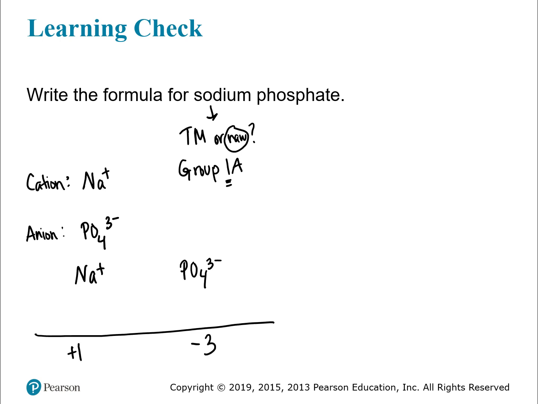Clearly, we've got to add some more something. The last two examples, we had to add more of the negative ion. But in this case, we actually have to add more of the cation, because -3, well, that's bigger than +1 in terms of the 3 versus the 1.